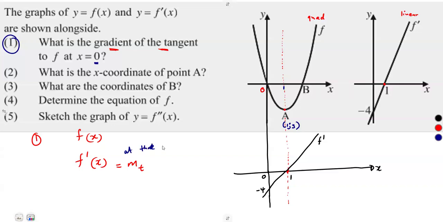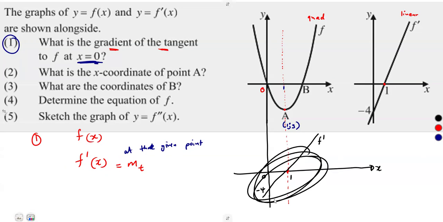At the given point. So in our case, if m is the first derivative at the given point where x is equal to 0, and we do not have that expression for the first derivative, but we have a graphical presentation of that first derivative.